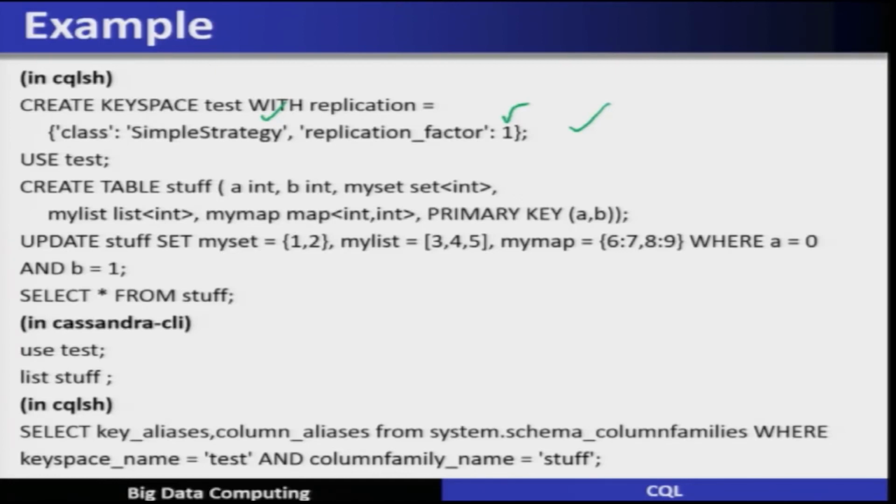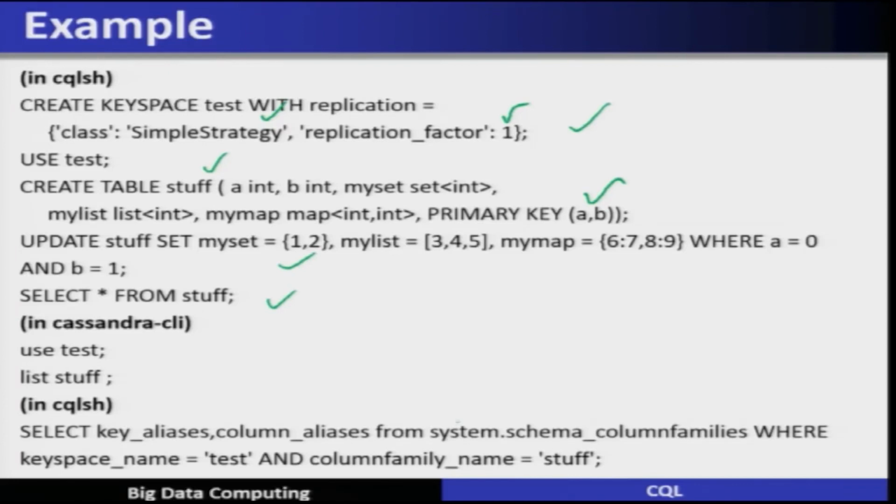And then we have created a column family, that is create table, and the name is stuff, and all these are the elements, and the primary key will be AB, and we can perform an update into it, and then we can perform the select operations, selecting all the values from the stuff which we have just defined.